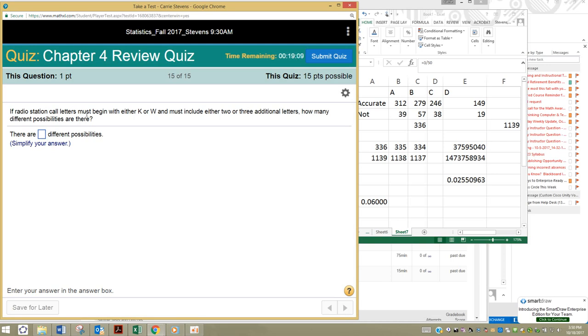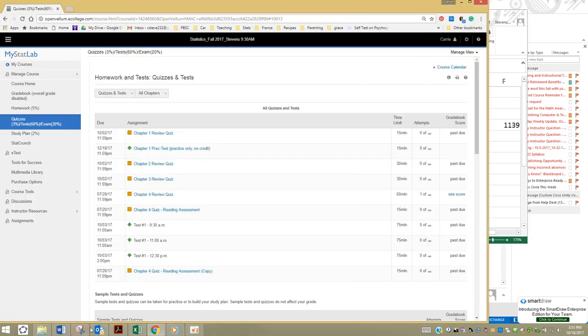If radio station call letters must begin with either K or W and must include either 2 or 3 additional letters. Whoa, this is a very complicated question. How many different possibilities are there? Okay, if a radio station's call letters must begin with either K or W, let's try to map this out.